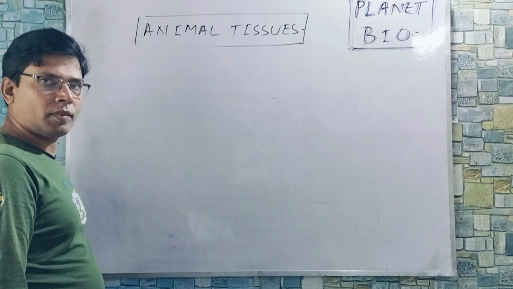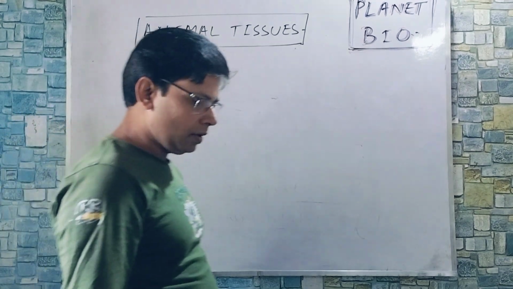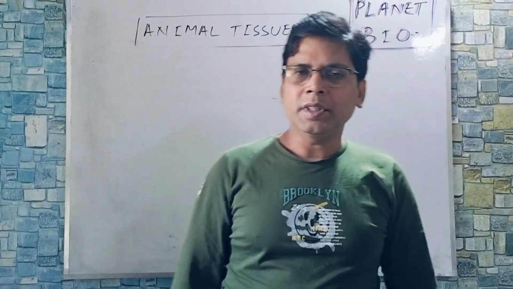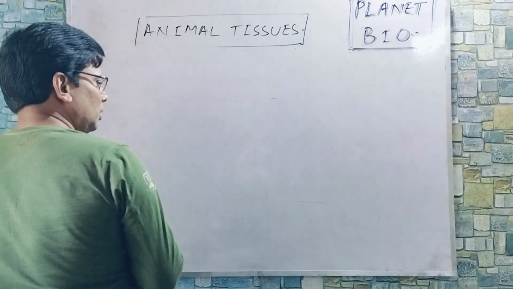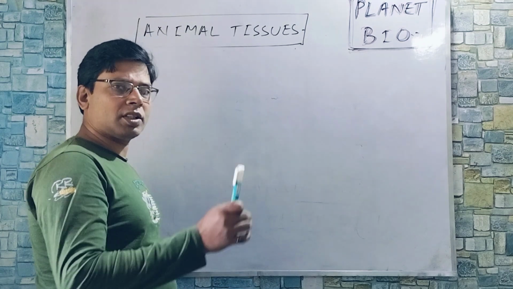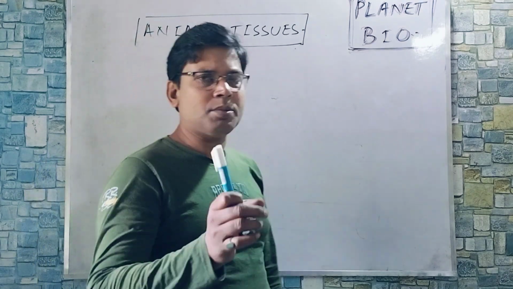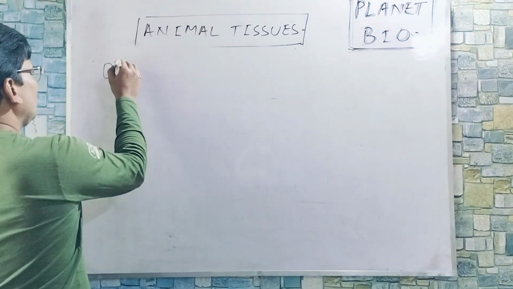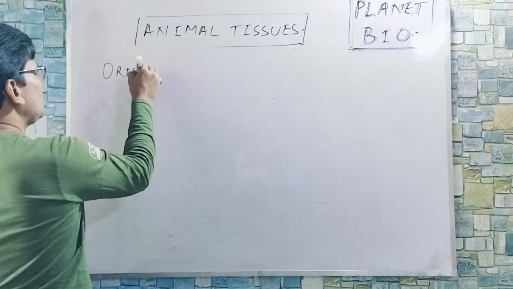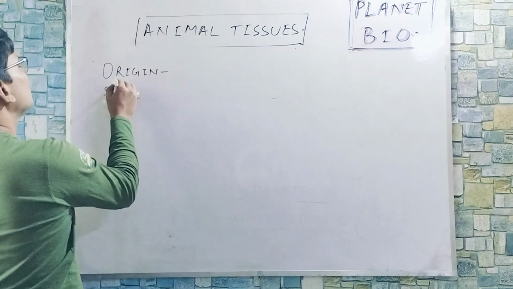Next. Now, dear students, we must know origin, structure, and function of different types of animal tissues. Origin means what? Origin, structure, and function.